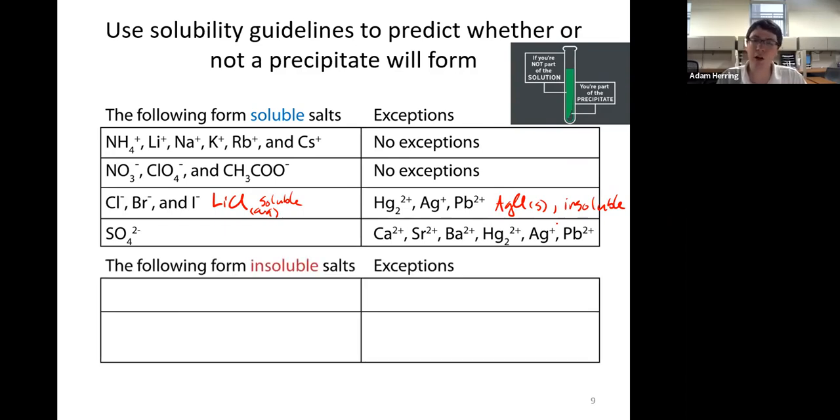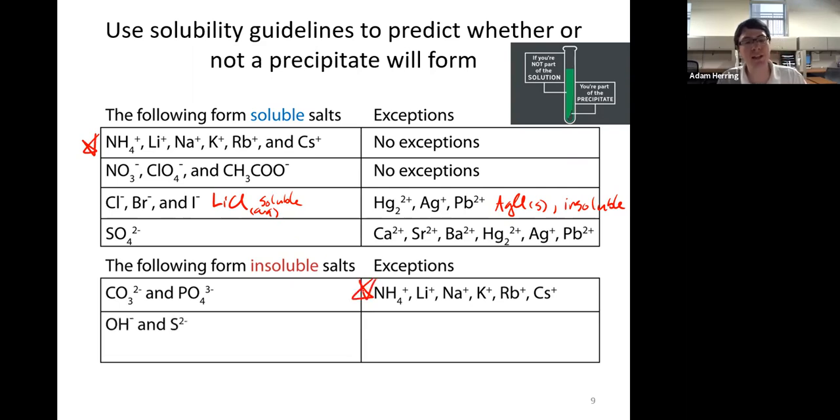Now, there are a certain set of polyatomic anions that tend to be insoluble. Those include carbonates and phosphates, and the only exceptions to those are these exceptions that are listed here. So ammonium and the group 1A. We also have hydroxides and then the monoatomic anion sulfide, which tend to be insoluble.